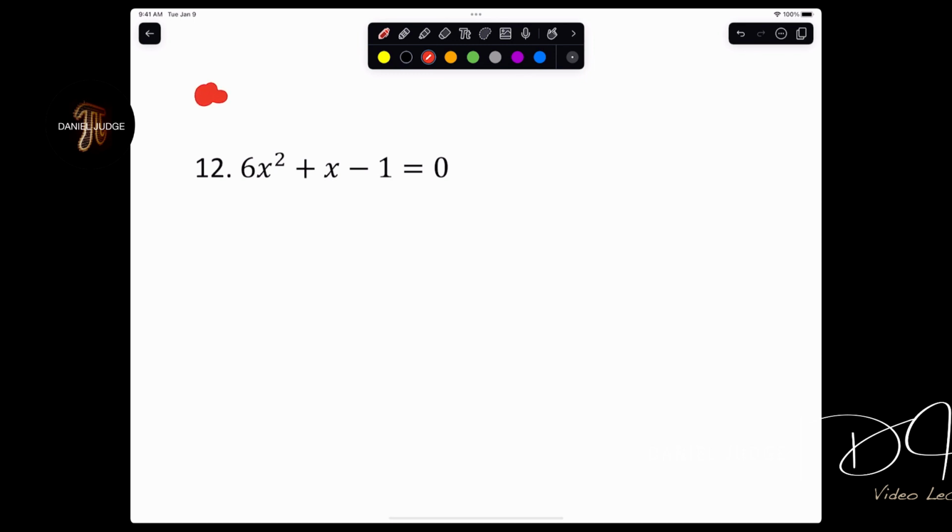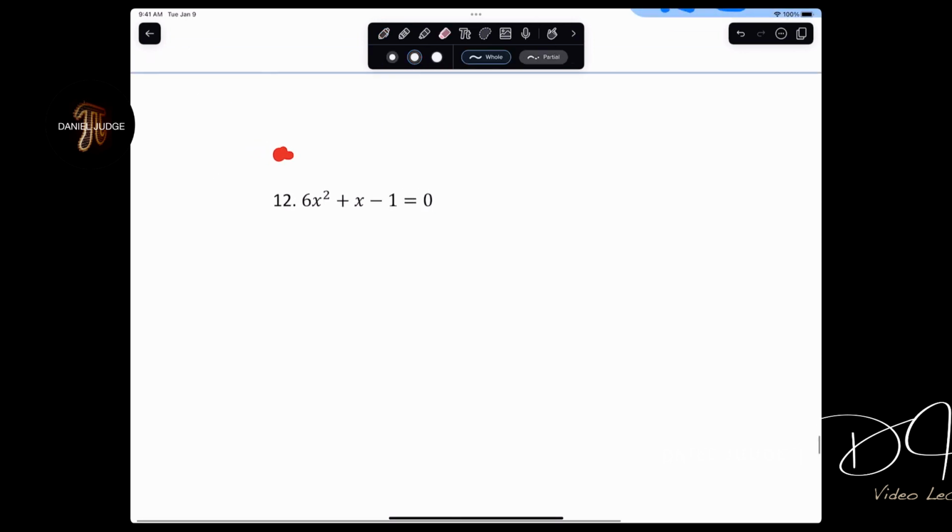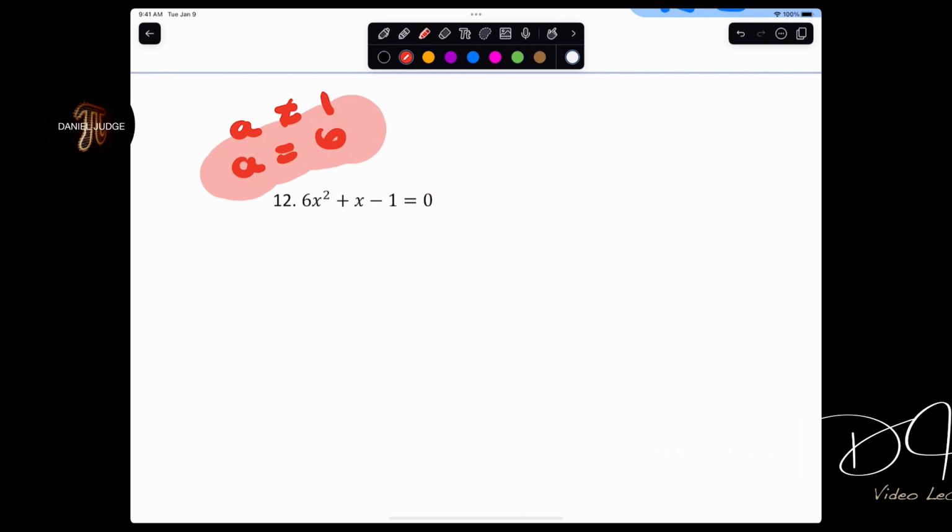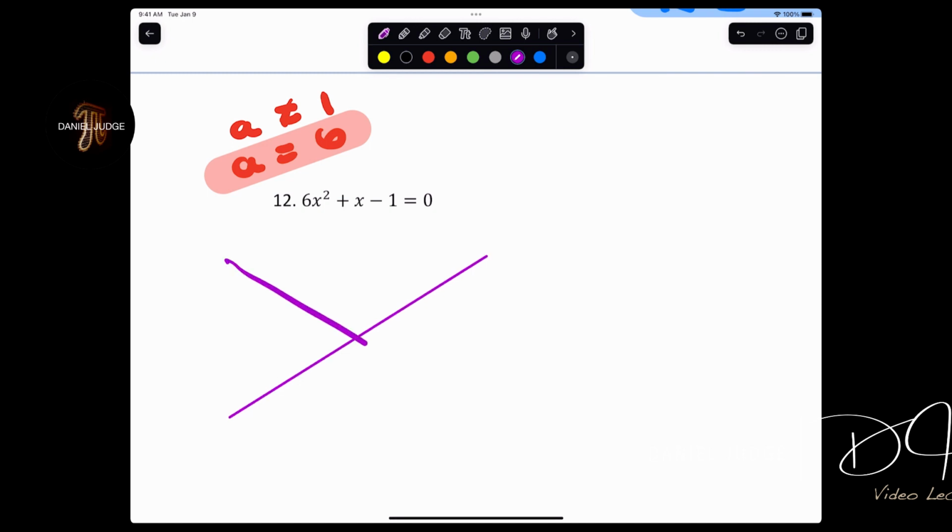A is not 1 again, so we're going to do that all over for you guys. A is not 1. A here is 6. So we're going to need those terms again. We're going to need the what?